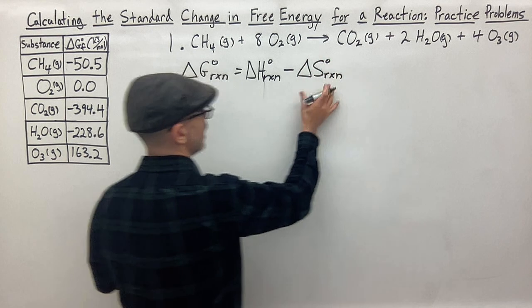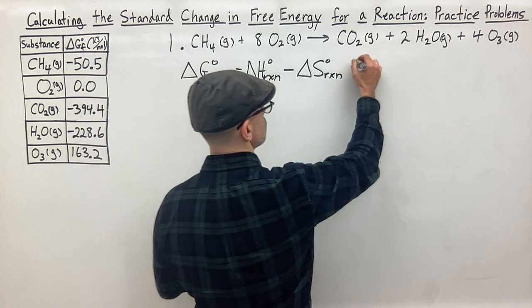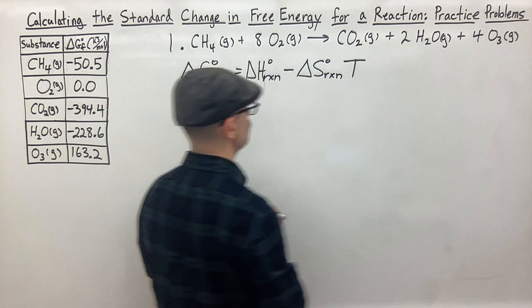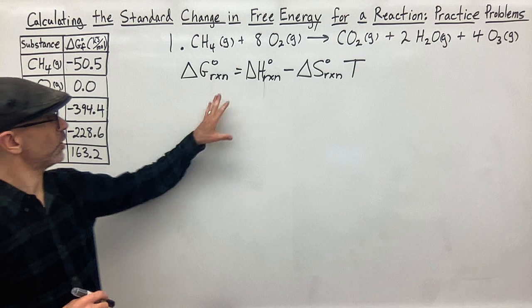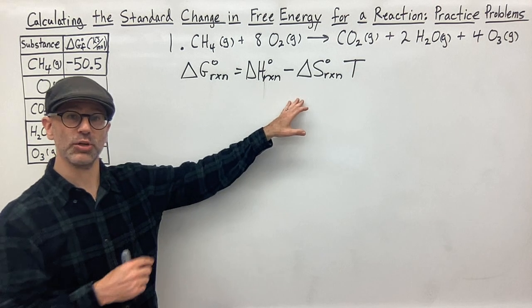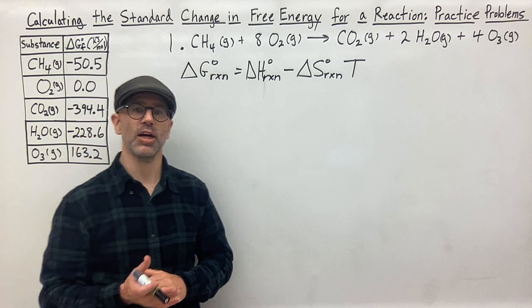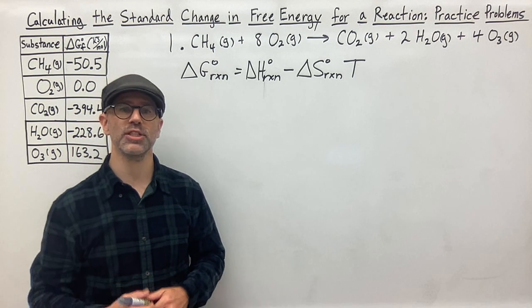You calculate that using the summing equations and multiplied by the temperature. So if you want to know how to use this equation and you haven't watched my videos, go back and watch those. But in this video, I'm going to use the method of using tabulated free energies of formation.